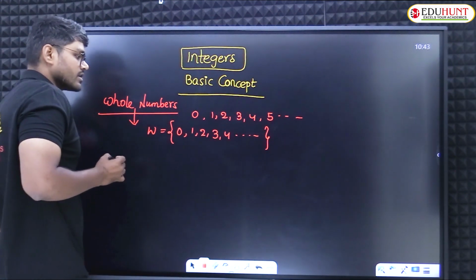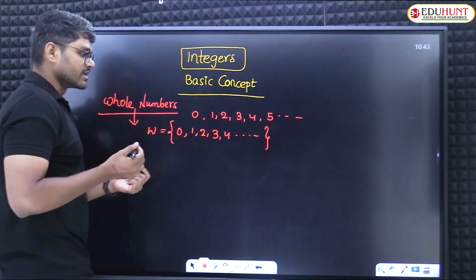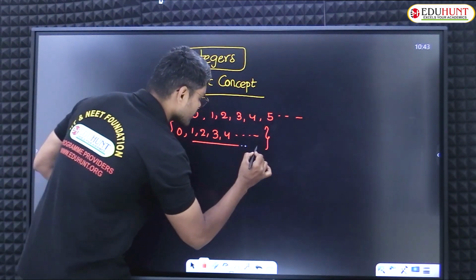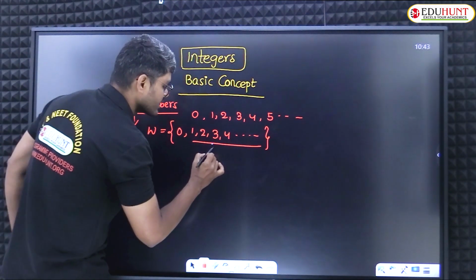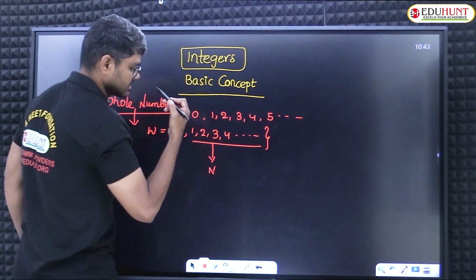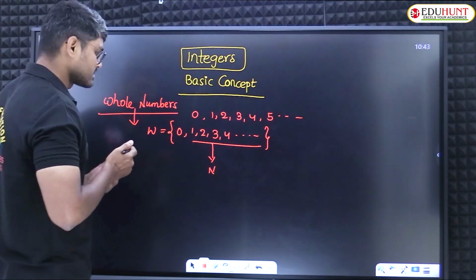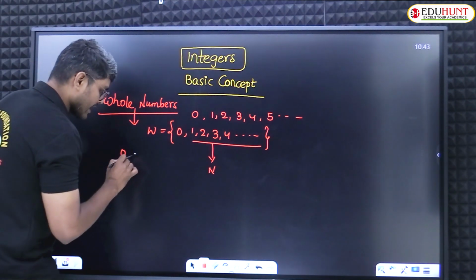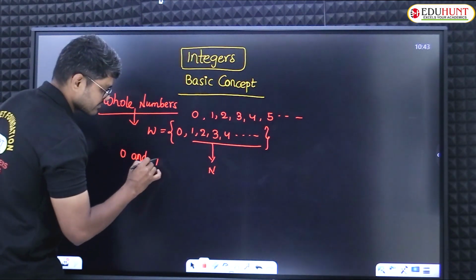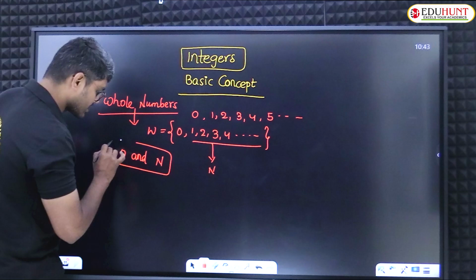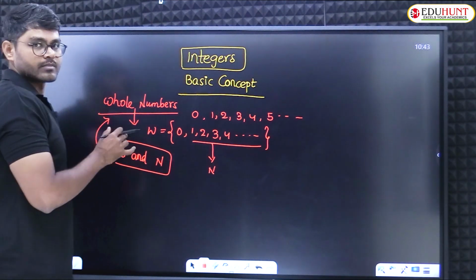If I observe clearly, these 1, 2, 3, 4, all these numbers are natural numbers. Yes or no? Now, how can I define whole numbers? 0 and natural numbers are called whole numbers.